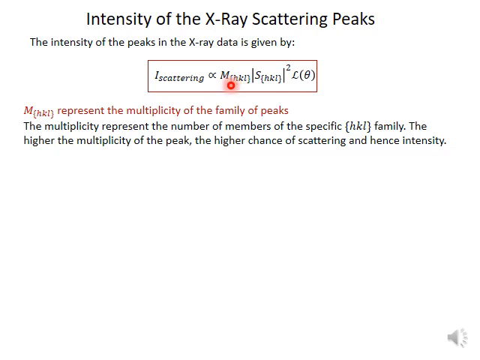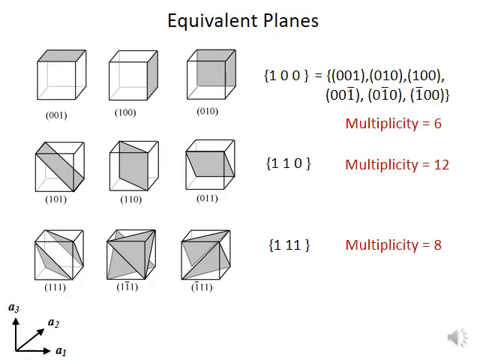So m is the multiplicity of a specific HKL. This bracket HKL, in this kind of curly bracket, represents equivalent planes which are identified by the same index, but there can be many members of this set of planes. This is the notation for the 100 set of planes.